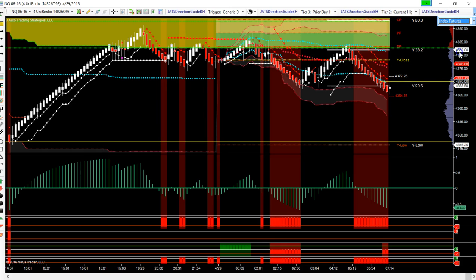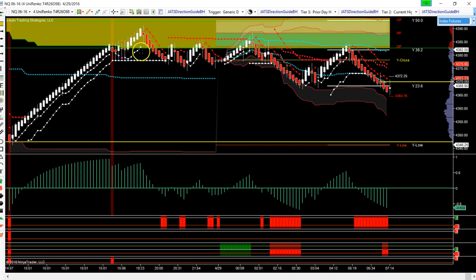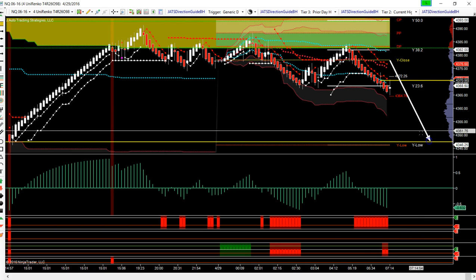If I want the index future for the open outcry, I'm going to have to wait for that signal because the pit has not opened yet. I might wait for this to come back and tag yesterday's close and the VWAP before getting short again. And then definitely look for this yellow line down here as my target, on yesterday's low. So close to low, for a trade plan on the NQ.